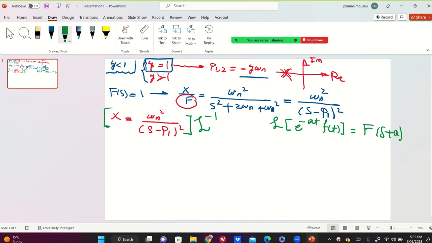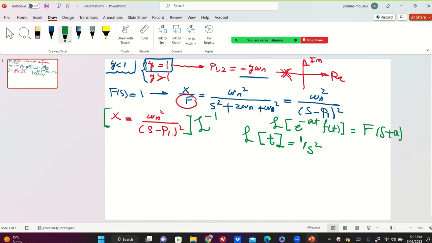Here, you know that the Laplace of a ramp t is 1 over s squared, but this s is being changed to s minus p1.